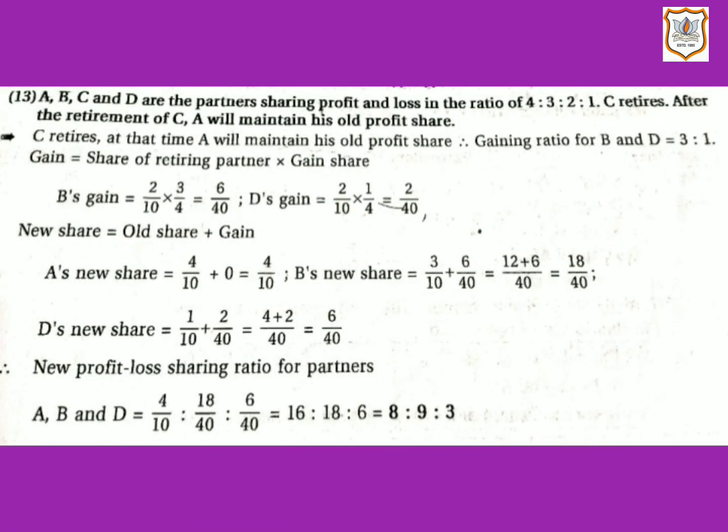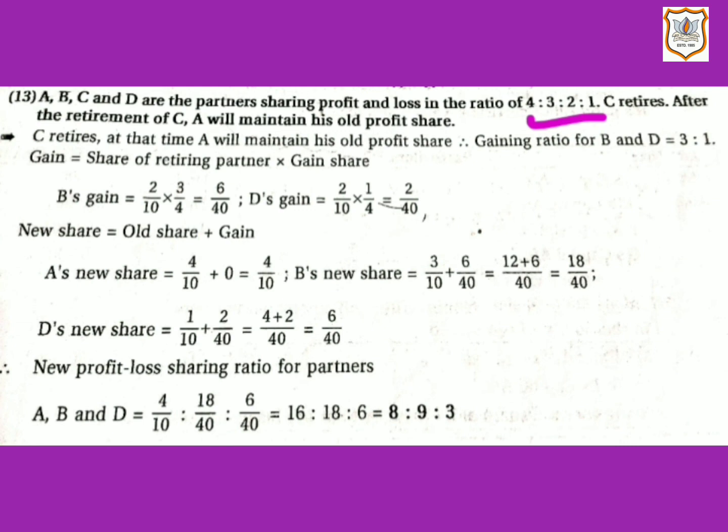Now let us solve question number 13. A, B, C and D are partners sharing profit and loss in the ratio of 4:3:2:1. C retires. After the retirement of C, A will maintain his old profit share. That means A is gaining nothing. Here only B and D are gaining. Here, the gaining ratio of B and D is not given.